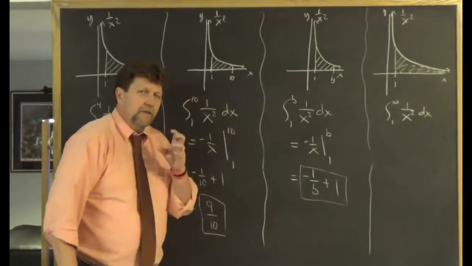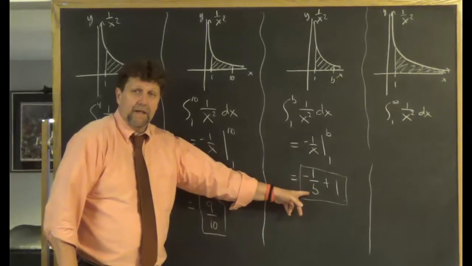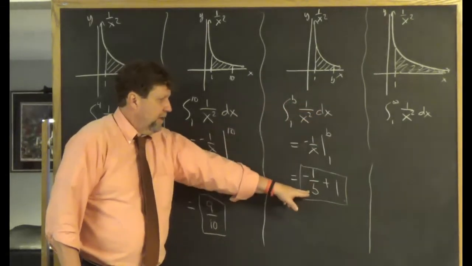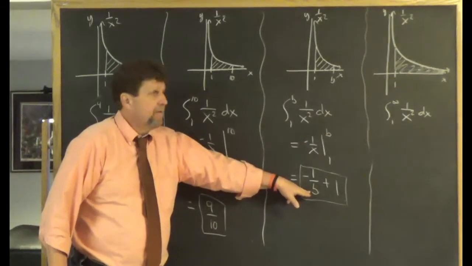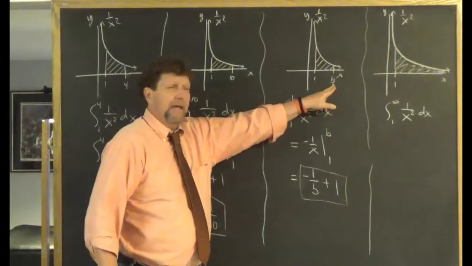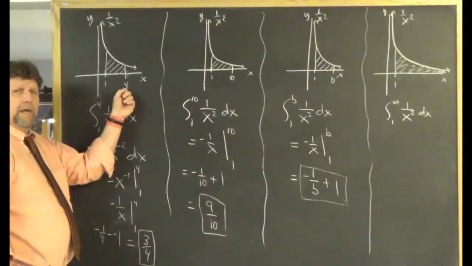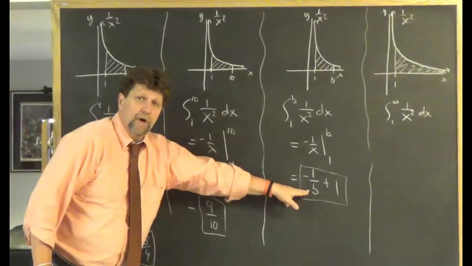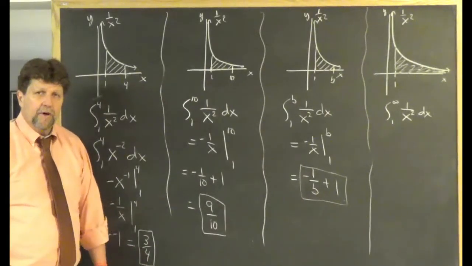So let's look at what we've done here. This is like a little formula, if you will, for any value of b. Let's see, if I make b 4, does this little formula, negative 1 over b plus 1, give us the same answer, 3/4?